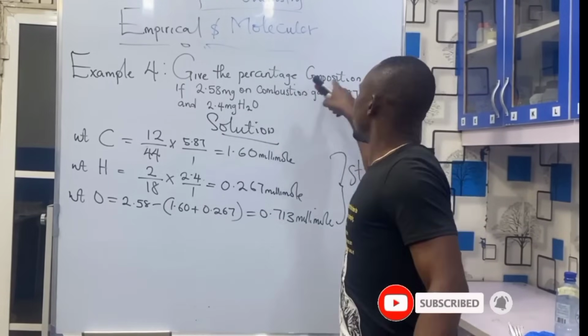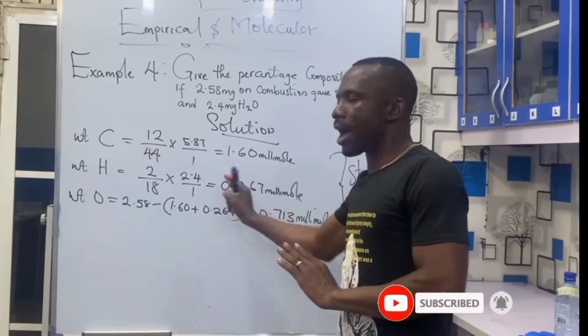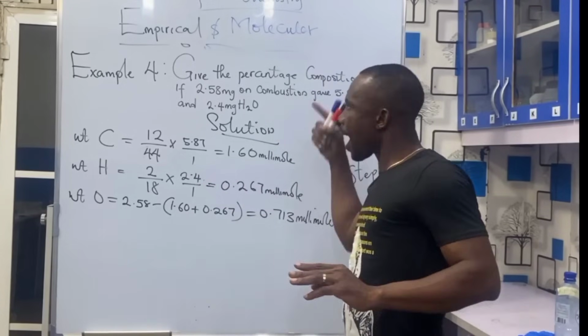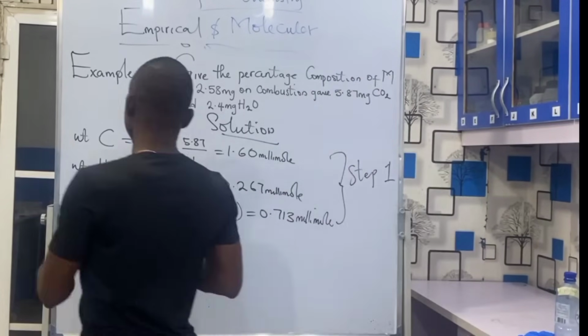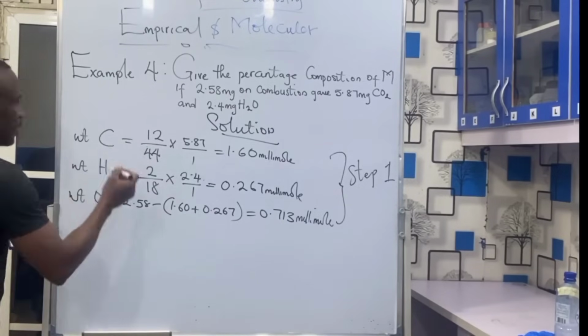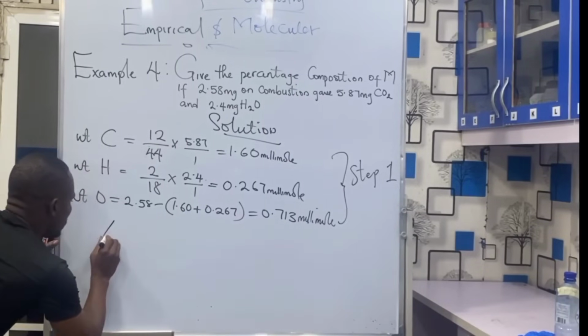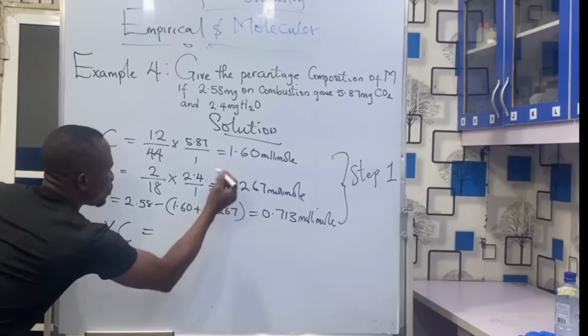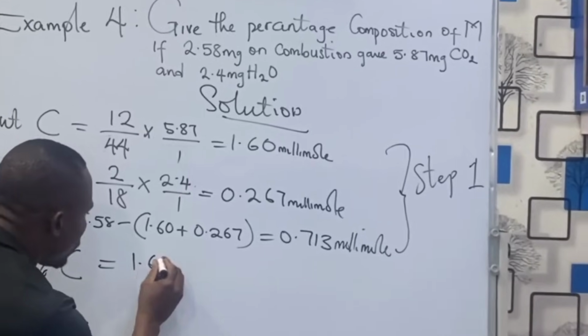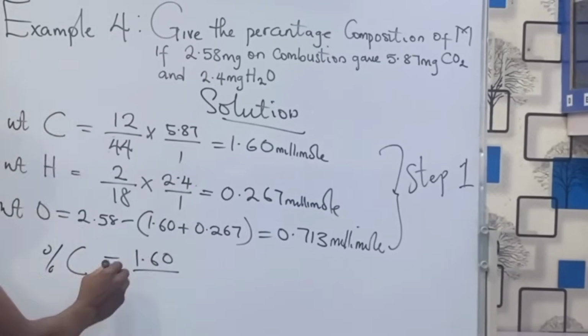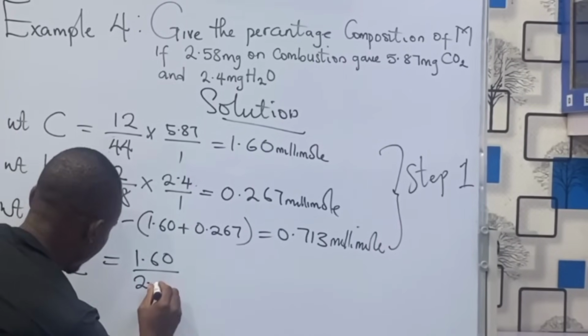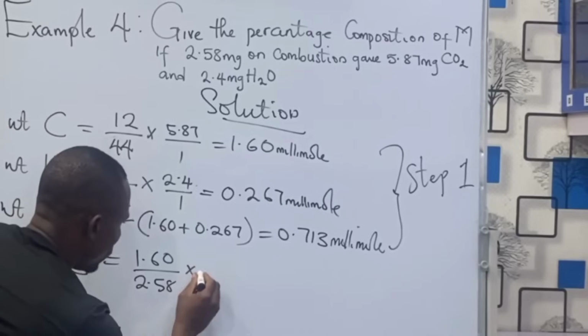Now, we are asked to get just the percentage composition. That's where we are asked to stop, so we stop at step 2. By our step 2, the percentage composition of carbon will be equal to the weight of carbon, which is 1.60, all over the overall weight of the compound, which is 2.58, times 100 over 1.